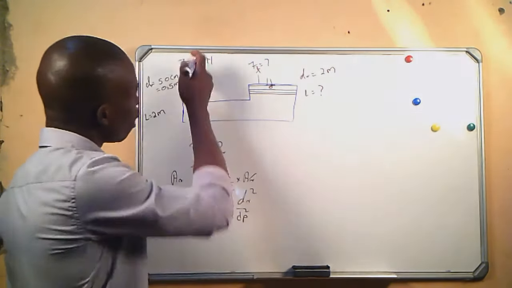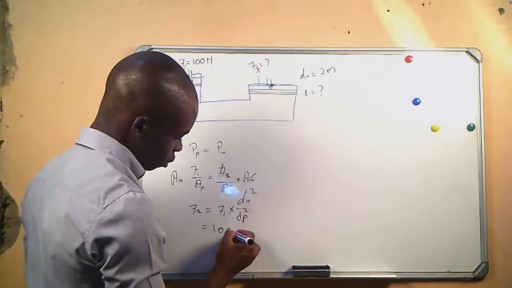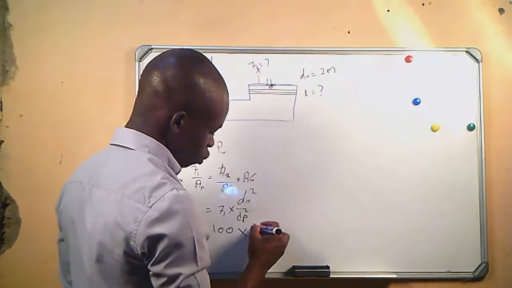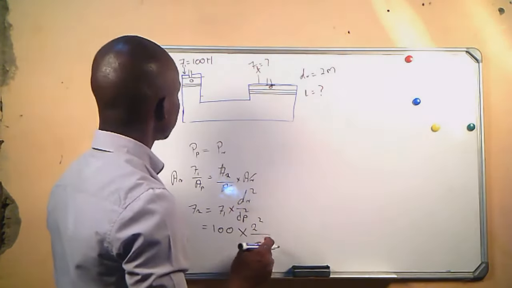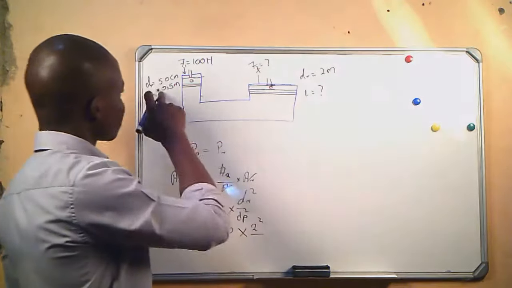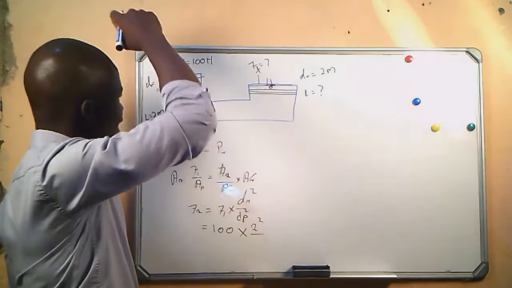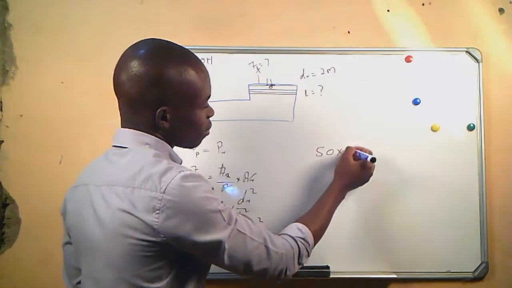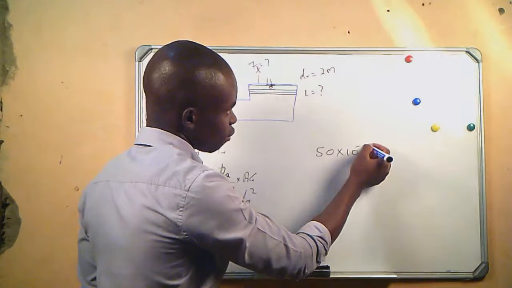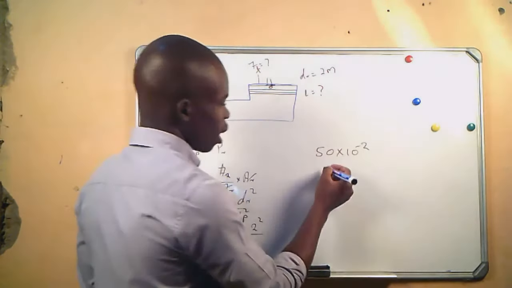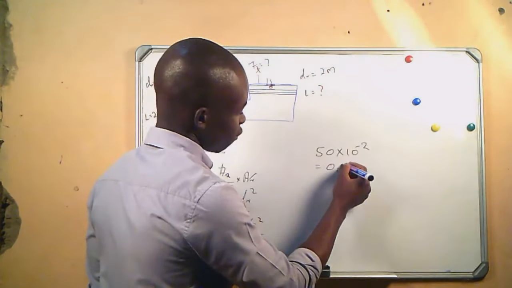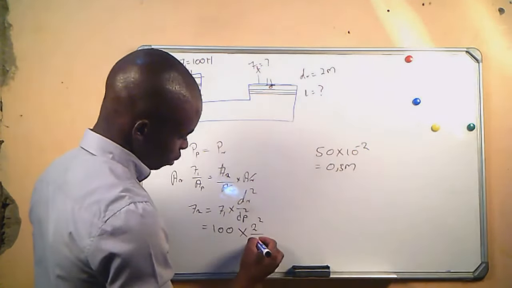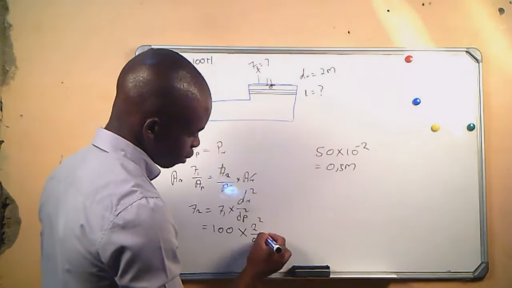Therefore, what are the values? F1 is 100 times, what is the diameter of the ram? The diameter of the ram is 2, squared. And then the diameter of the plunger was originally given to us in centimeters, so we multiply by 10 to the power negative 2, and we get 0.5 meters, and here it will be 0.5 meters squared.